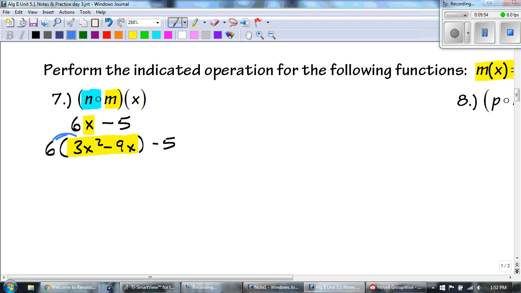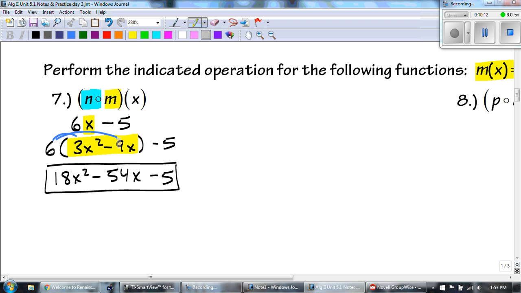Go ahead and distribute that in. 3 times 6 is 18x squared, 6 times 9 is 54x minus 5. I look to see if I can combine anything, and I can't. So 18x squared minus 54x minus 5.